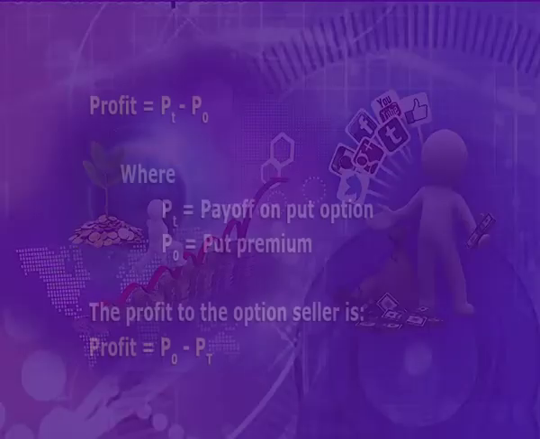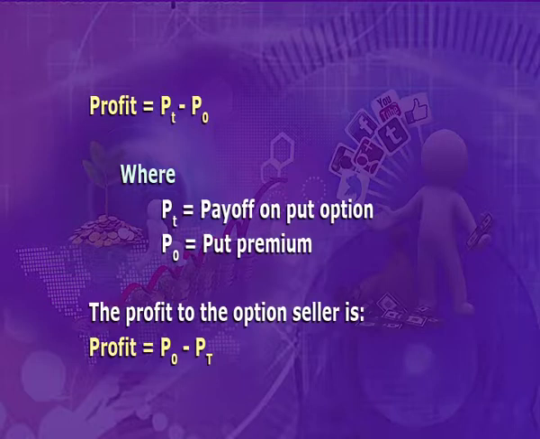Thus, the profit to the option buyer is Pt minus P0, where Pt is the payoff on the put option and P0 is the put premium. The profit to the option seller is P0 minus Pt.